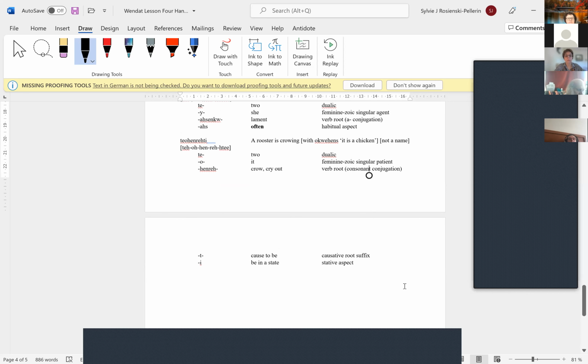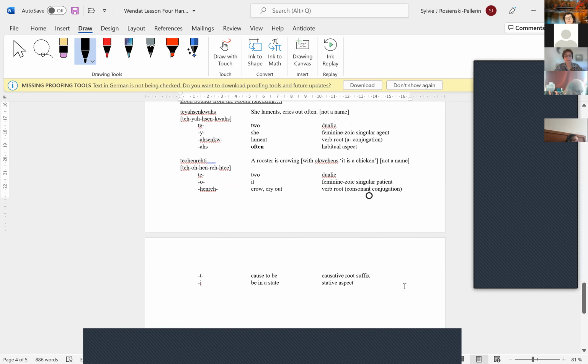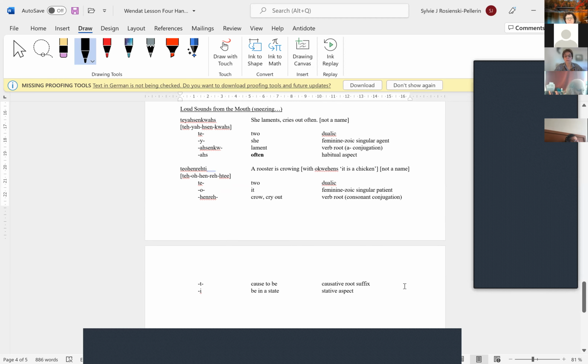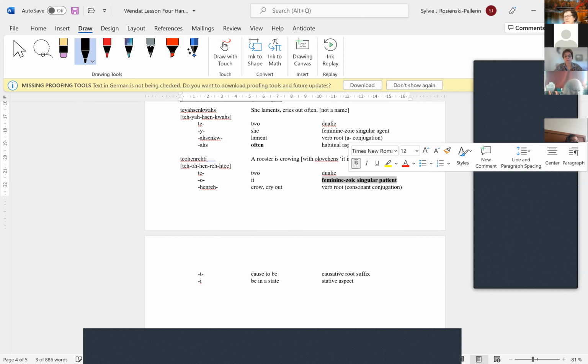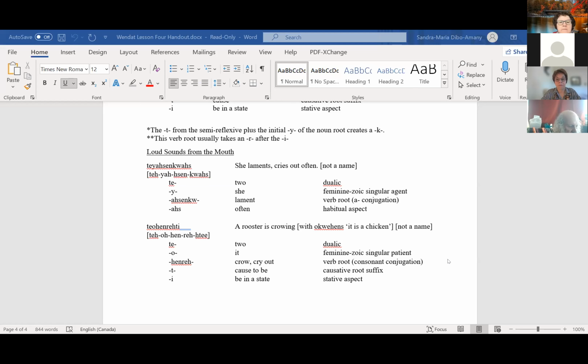So again, the dualic begins. Now, interestingly, it has the patient, the feminine zoic singular patient for this one. Kind of interesting, right? Like it happens with respect to you, as much. And then the T here, caused to be, again, we've got the causative root suffix.